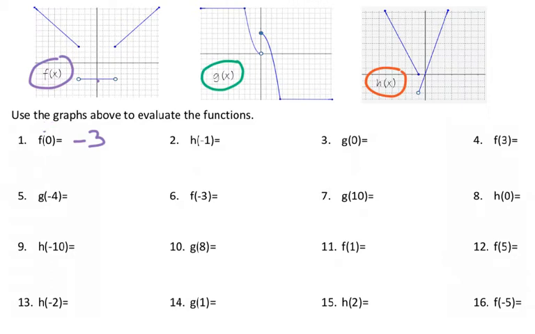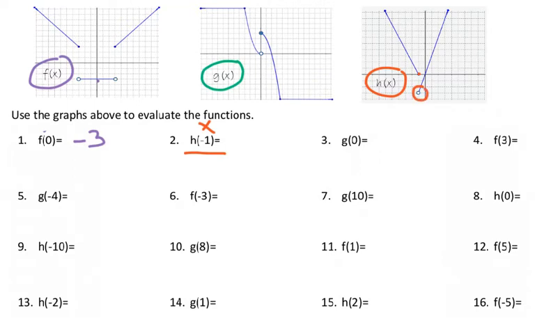Okay? If you look at number 2, number 2 is h of -1. And that is your red graph, the h one. So the number inside the parentheses is x. So when x is -1, what is y? So I'm going to look at the red graph, and I'm looking for a point, and I want to make sure that I choose a closed-in point.